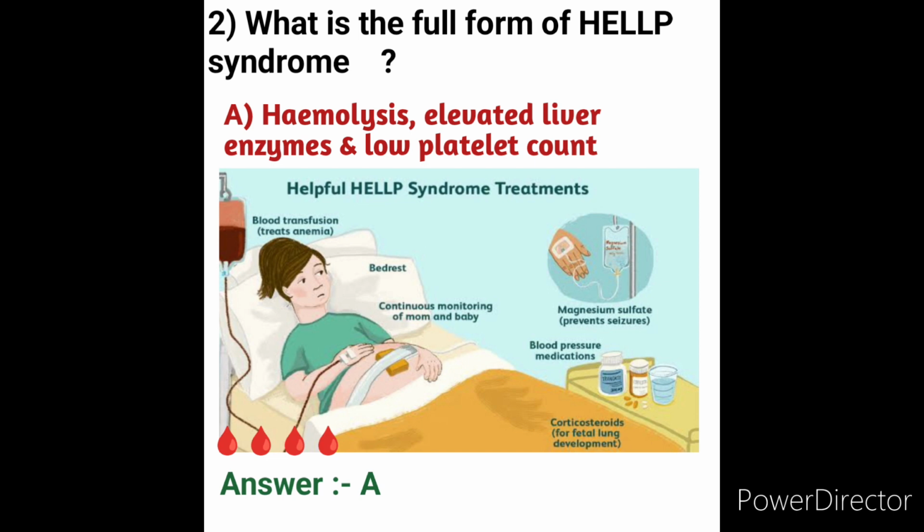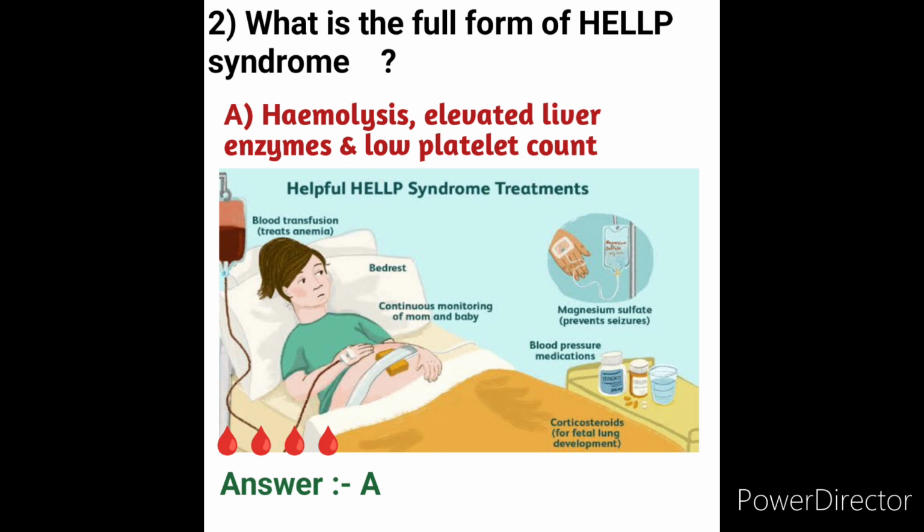We can see in this picture the HELLP syndrome treatments. In these cases the patient may develop anemia, and in some cases seizures. We can treat with blood transfusion, treat the anemia, and bed rest.